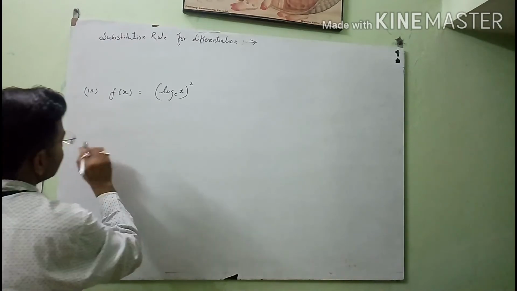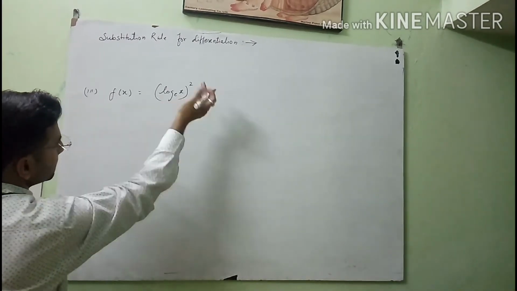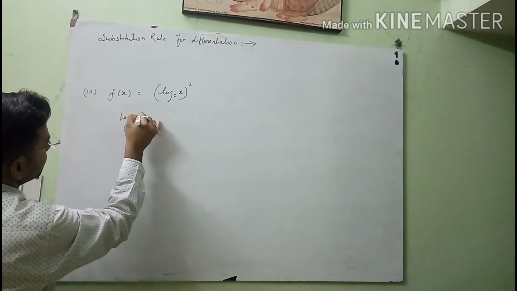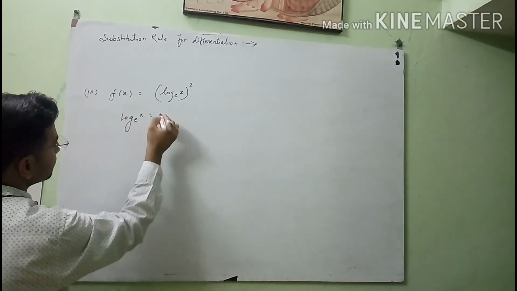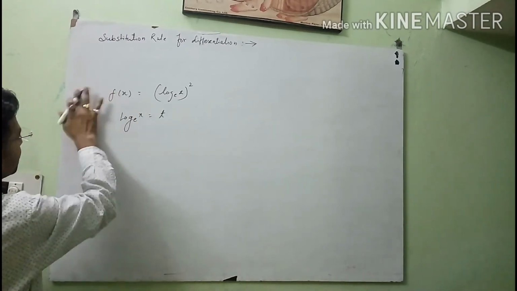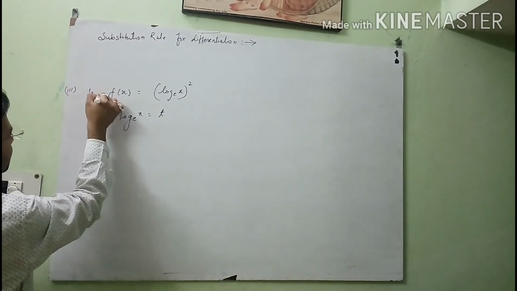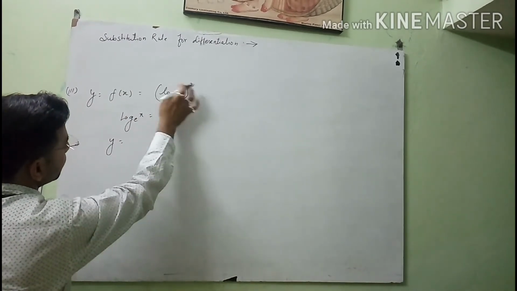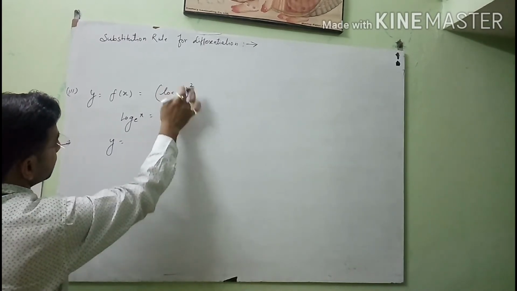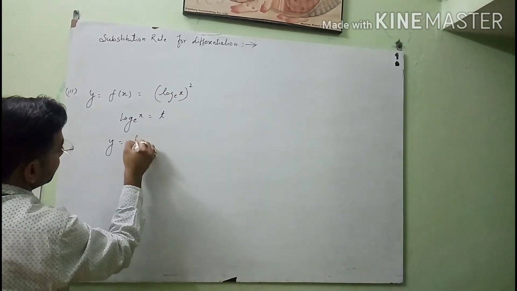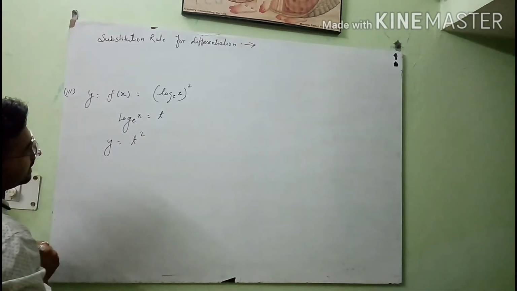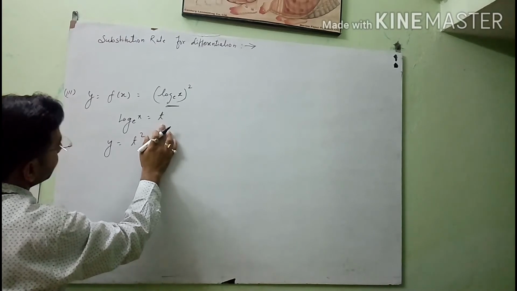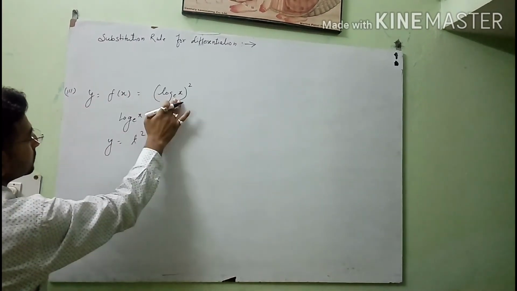So you can consider first, because it is impossible to solve directly here without using the substitution method, log x is equal to t. So the function is formed in this way: because you consider log x as t, you can write it in the form of t square, so the function is now y is equal to t square, as it is here.